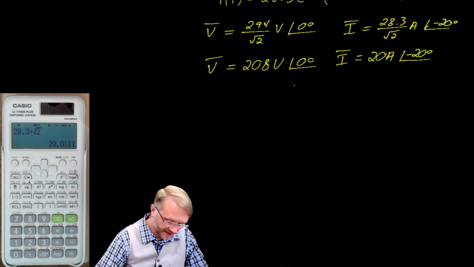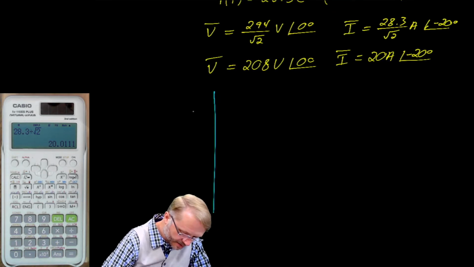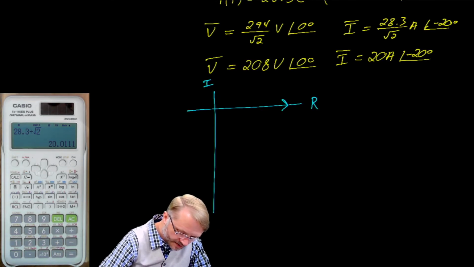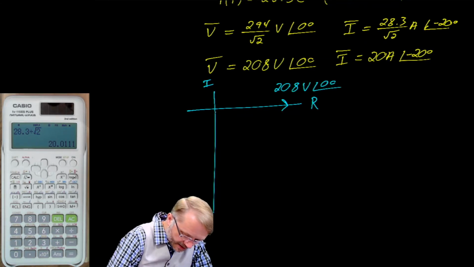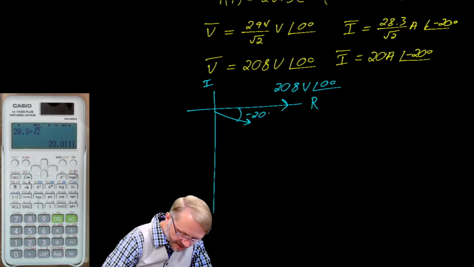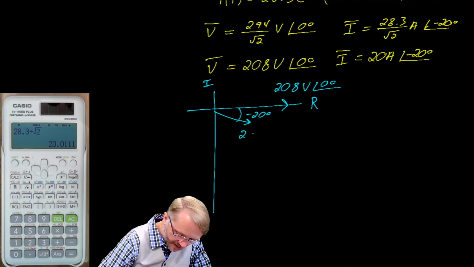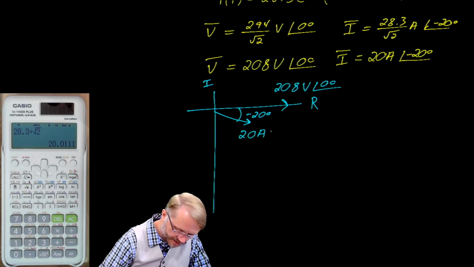We can plot these vectors on the real imaginary plane. Here's the voltage vector, 208 volts at a phase angle of 0 degrees, and our current vector is at negative 20 degrees, and we said that was a length of 20 amps.